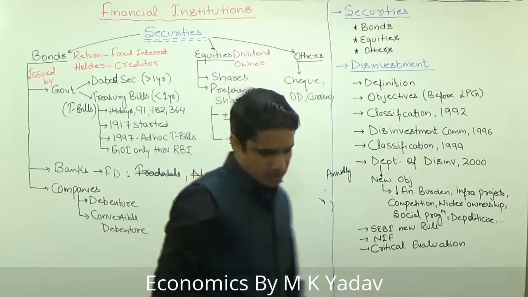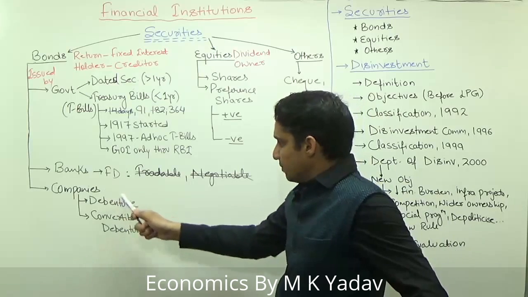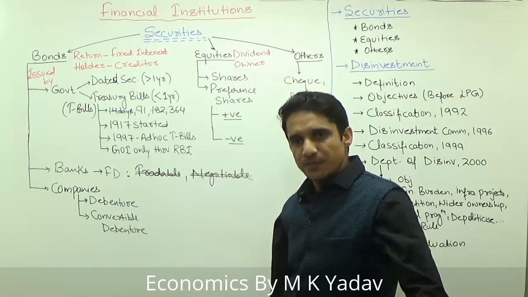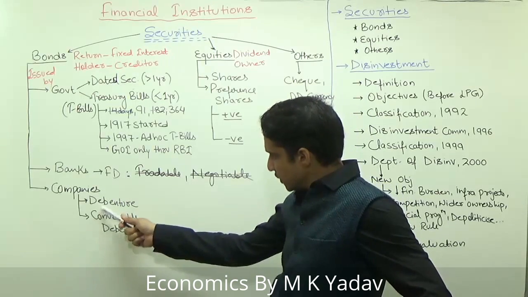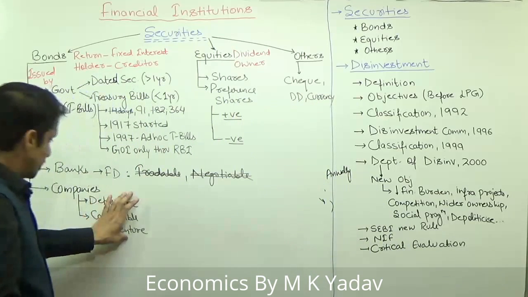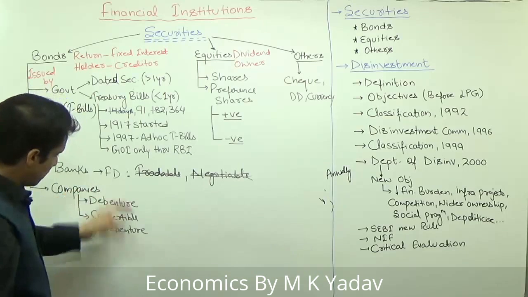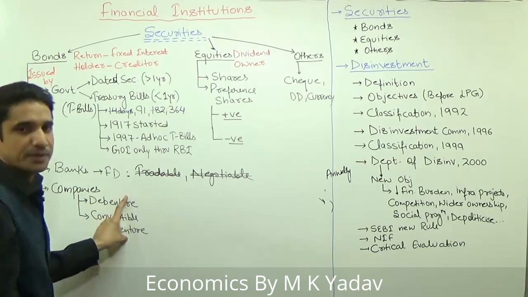And then we have a bond issued by the companies. A bond issued by a company is known as debenture. Then we have one more special type of debenture, known as convertible debenture. So depending on the convertibility, this is the classification.